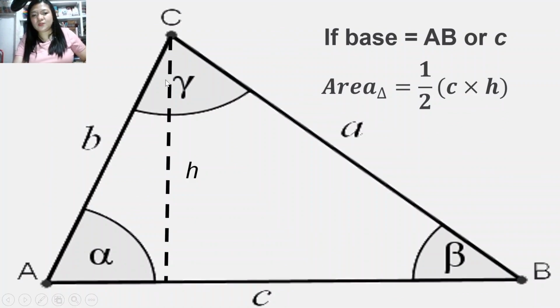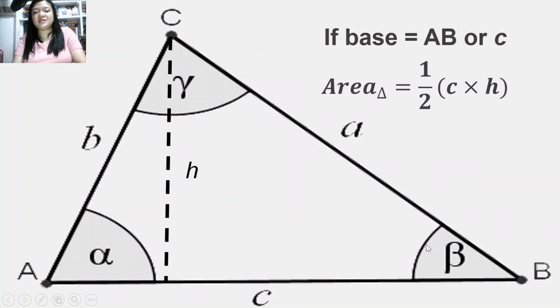Okay, we do not know yet the value of H, but in this example, this triangle is cut into two parts. The smaller one is a right triangle whose hypotenuse is B, and one of the acute angles is alpha.